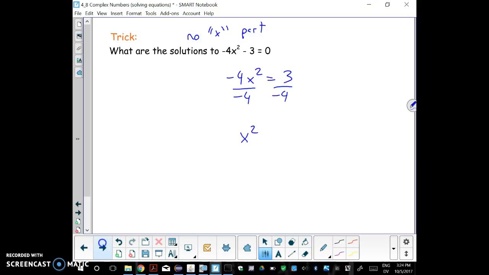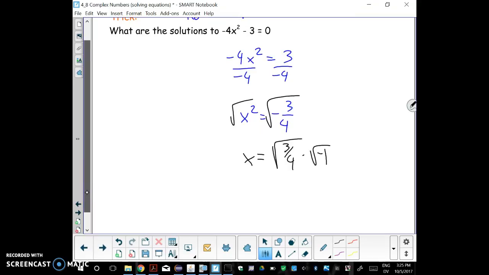So we have x squared equals negative 3/4. Square root both sides, which is going to give us imaginary numbers. To clean this up, there are other ways to do this, but I'm just going to pull off the negative part and say our answer is plus or minus the square root of 3/4, even though that looks kind of goofy with an i on the end for the imaginary part. The square root of negative 1 becomes i. So there'll be at least one like that to watch for in homework.